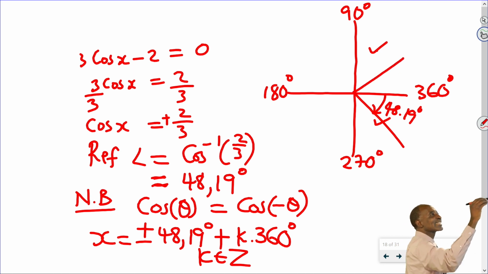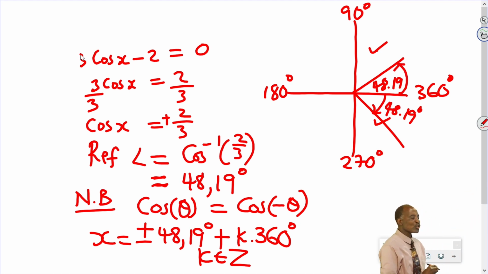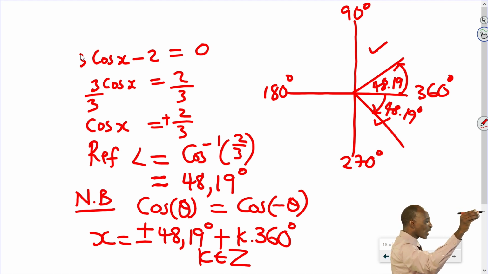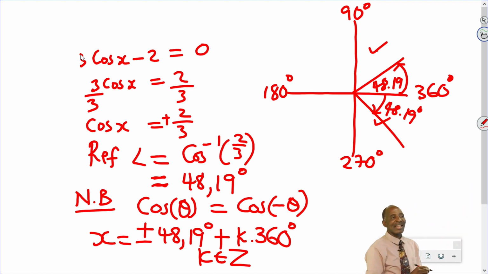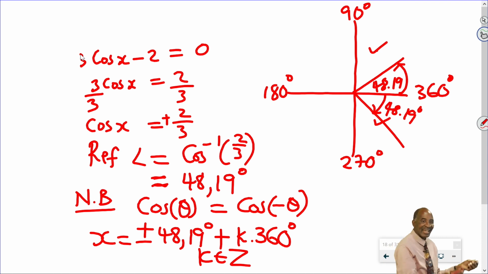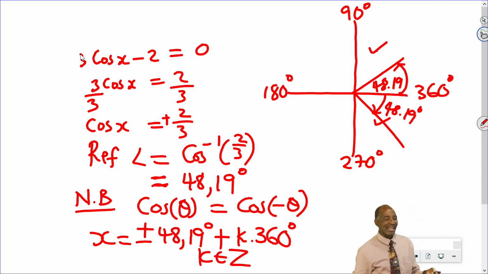Then on the other side, that's your 48.19 measured in the anti-clockwise direction. So cos of negative 48.19 means you are measuring your angle in a clockwise direction. Cos of 48.19 degrees, you are measuring it in the anti-clockwise direction. Both values will have the same answer. Hence, we are taking advantage in cosine alone to say x is plus or minus. The moment you say plus or minus, you have answered the question for both quadrants.